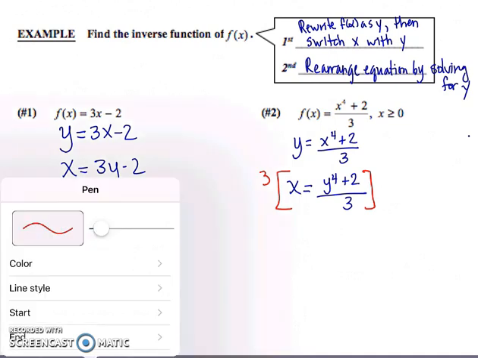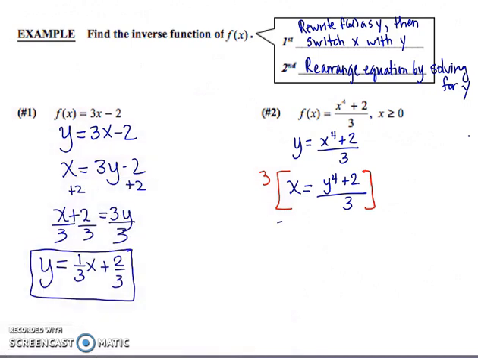When I do that, that's going to give me 3x equals y to the 4th power plus 2. Now if I want to get y alone, my next step is going to be to subtract 2 from both sides. So then I'm going to have 3x minus 2 equals y to the 4th power. And now, as you know, if you want to undo a power, you have to use a root.